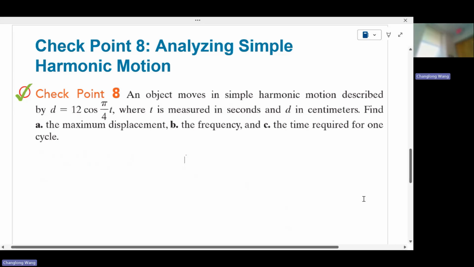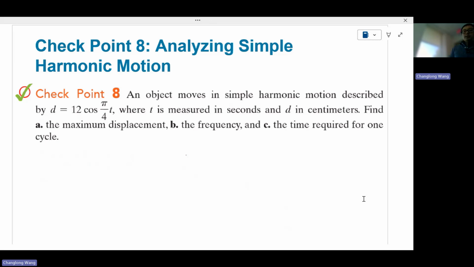All right, so D follows a function of cosine, right? So 12, as you know, is the amplitude of the cosine function. You have a stretching or compression factor, whatever you call it, right? That number B, we've been playing with it in the past, and t is the independent variable.